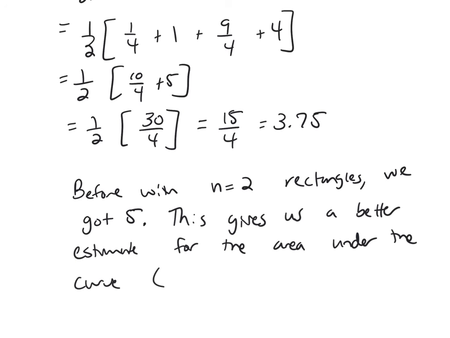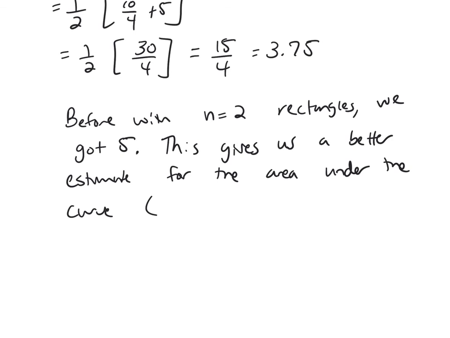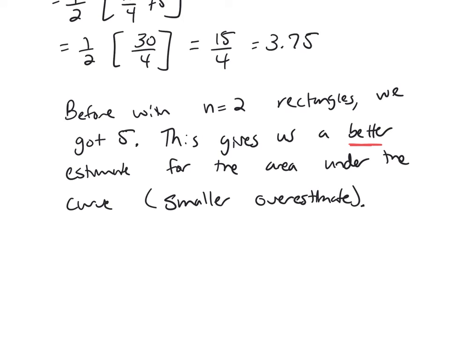And the reason why I say better here is because it's a smaller overestimate. It's still overestimating my area, but it's not as bad as what we had when we had 2 rectangles. So you'll see that as you take more and more rectangles, they're going to give you a better approximation for your area underneath your curve.